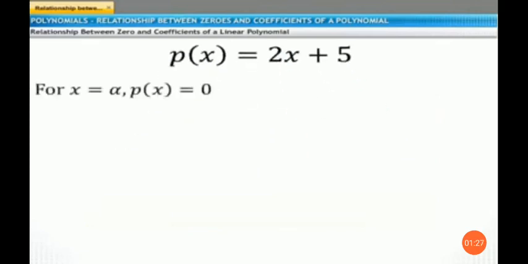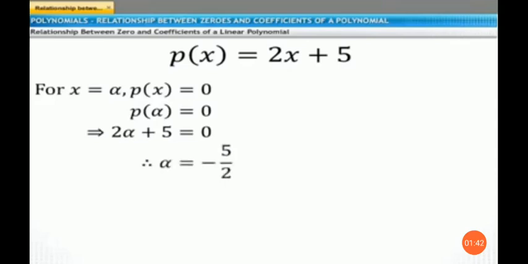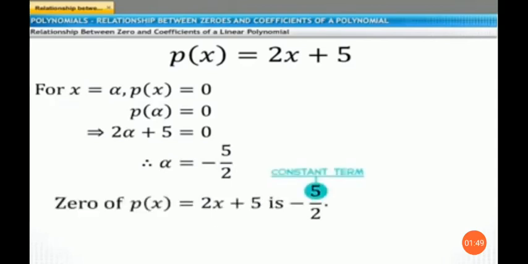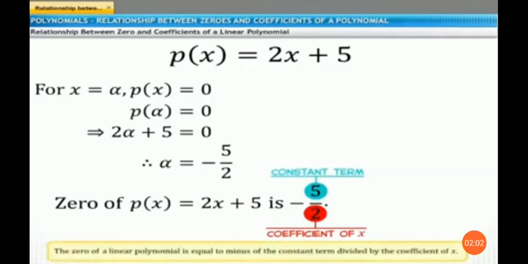Suppose x is equal to alpha is its zero, so p of alpha is equal to 0, which means 2 alpha plus 5 is equal to 0, and hence alpha is equal to -5 by 2. Or we can say that alpha is equal to the constant term by the coefficient of x with the negative sign. That is, minus constant term by coefficient of x.